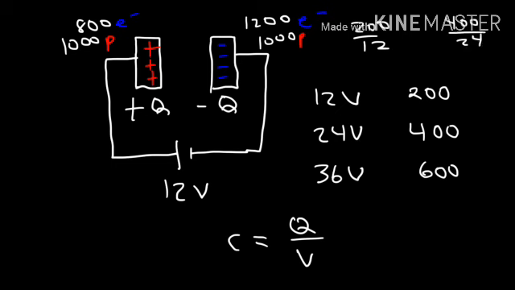You're going to get the same value. It's supposed to be charge over voltage. And that ratio between the amount of charge that can be stored at a given voltage, that's equal to the capacitance of the capacitor. Just keep in mind though, this is not in coulombs.